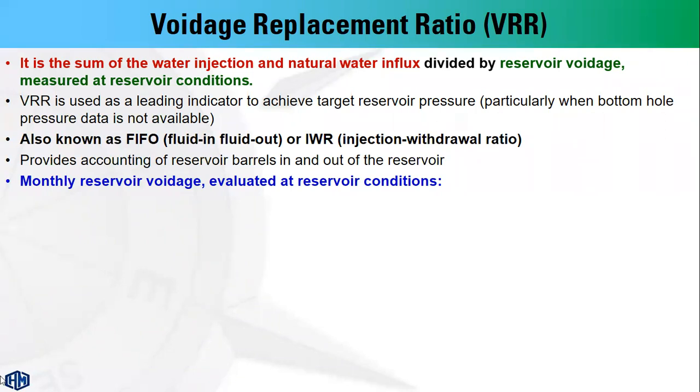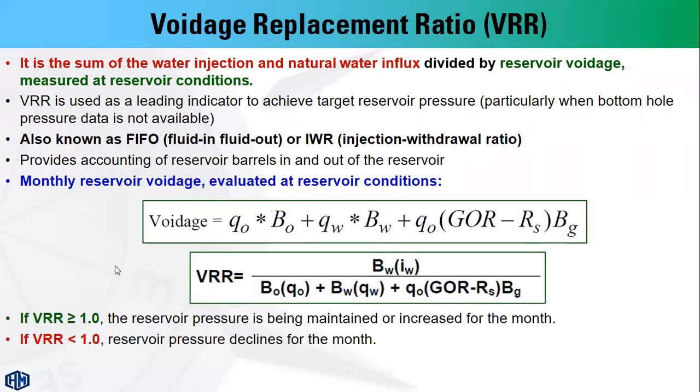Based on the monthly production and injection data, this is the definition of reservoir voidage. It's simply the total production from the reservoir, oil and water and the free gas production converted to reservoir conditions, because we have the formation volume factors for oil, water and gas. And accordingly, this is the voidage replacement ratio: the summation of water injection divided by the reservoir voidage.